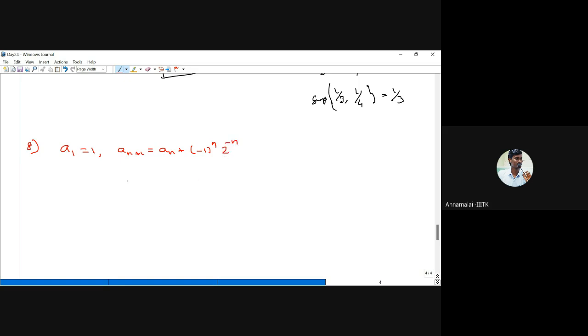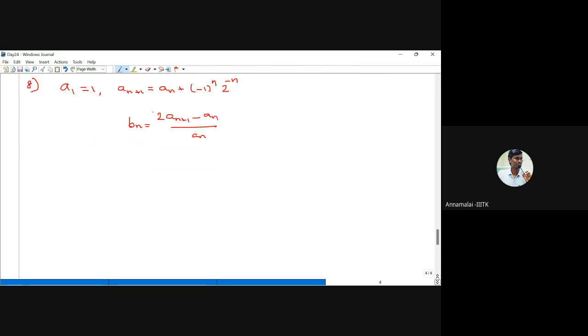So this is the new sequence a_n. Another sequence b_n is defined to be 2 times (a_{n+1} minus a_n) divided by a_n, for all n. Now we have two sequences a_n and b_n. What can you say about the convergence of a_n and b_n?